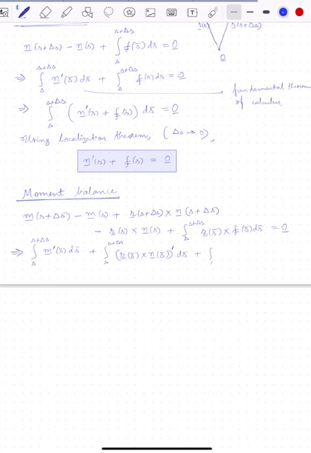And finally, we have S to S plus delta S of r vector of S bar cross f of S.